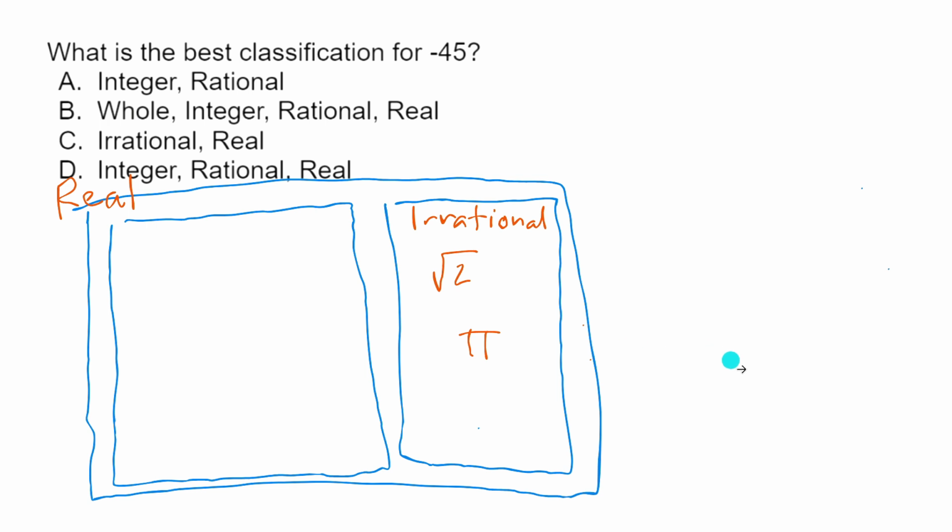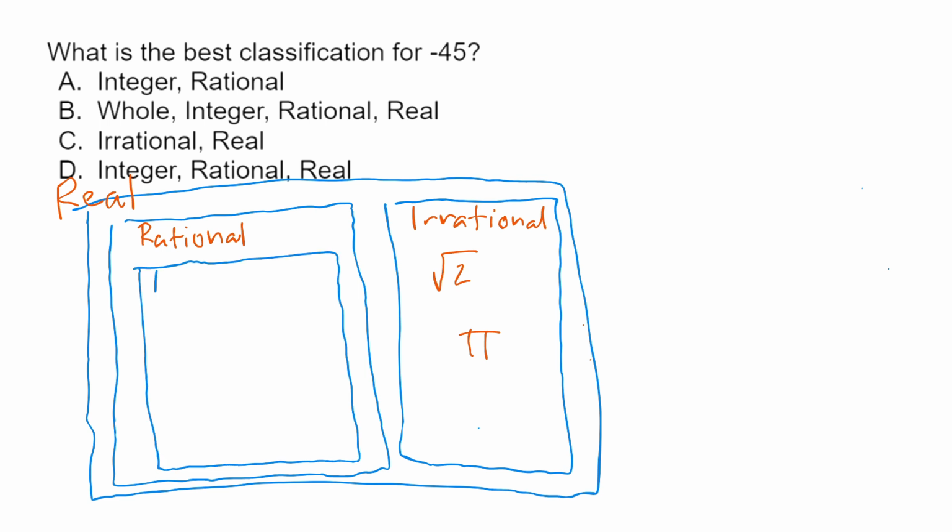What about on the other side? We have here our rational numbers, and inside rational numbers we have integers.